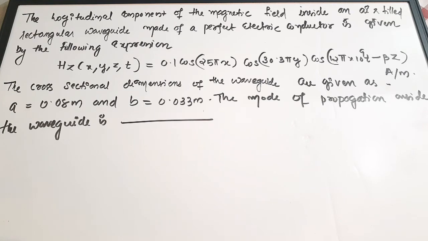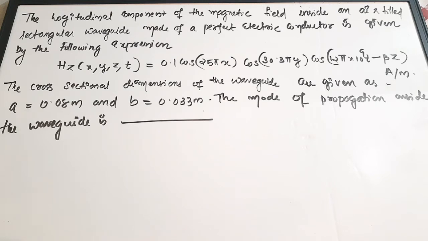The longitudinal component of the magnetic field inside an air-filled rectangular waveguide. So here the rectangular waveguide is filled with air. The longitudinal component of the magnetic field inside an air-filled rectangular waveguide made of a perfect electric conductor is given by the following expression.